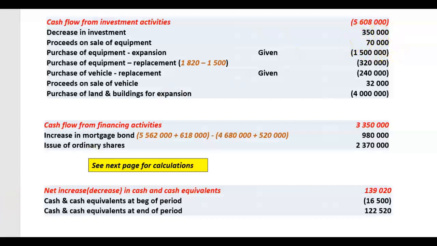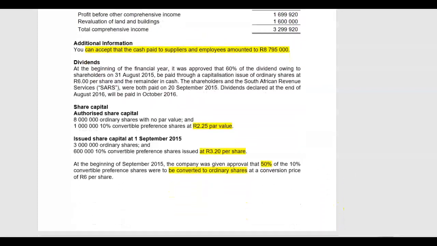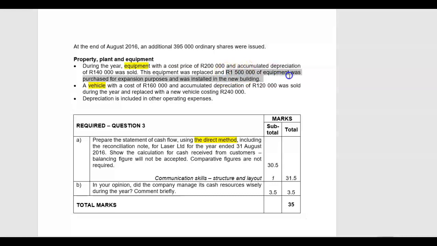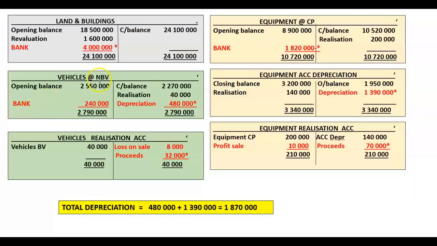Going back to our equipment account here, they don't tell us anything further than the gain on the sale. What they do tell us is that 1.5 million Rand worth of equipment was purchased for expansion purposes. So when we go to our equipment account, the cost price account of our equipment, we are going to have a balancing figure on the debit side of 1820.